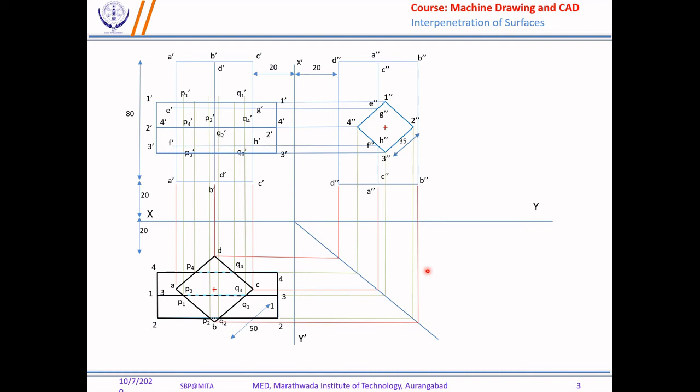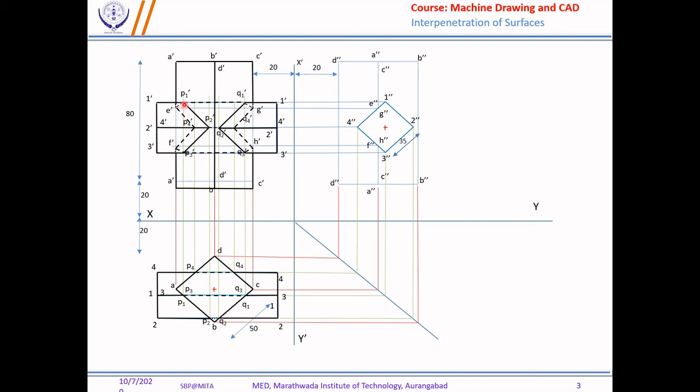Okay, project these two points to E dash and F dash on the line A dash in the front view, and join the points of intersection in the correct sequence. Then join P1 dash with P2 dash, P2 dash with P3 dash. Similarly, Q1 dash with Q2 dash, Q2 dash with Q3 dash with dark lines.